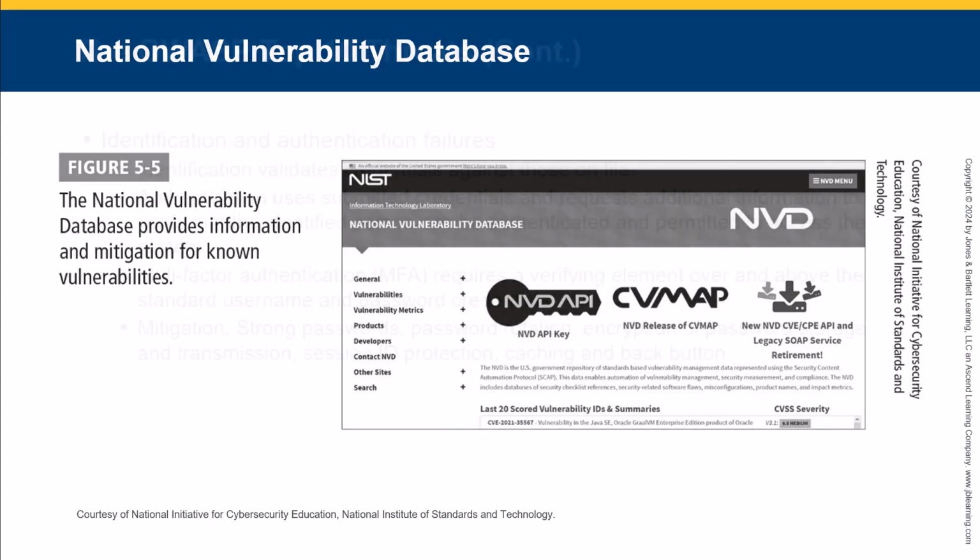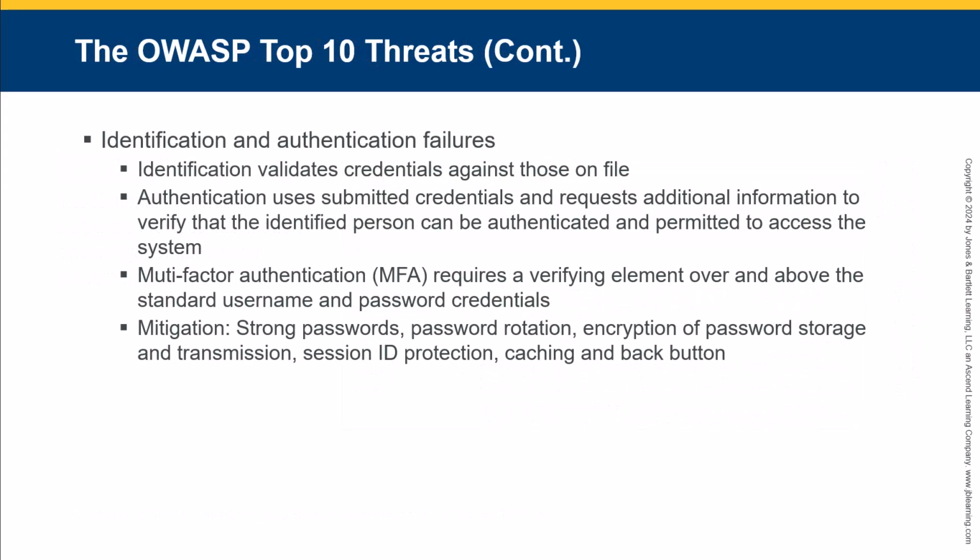Alright, so moving on. We have identification and authentication failures. This is basically identify, validates credentialing against the chosen file or database. Authentication uses submitted credential requests and other information to verify individuals' accounts and submitted credentials.